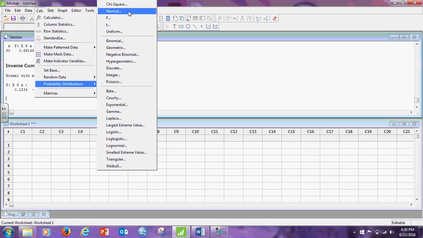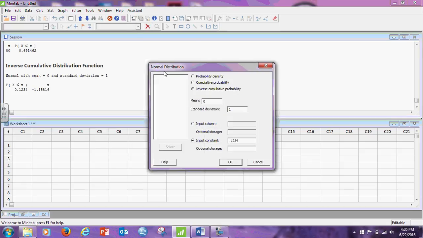If we're looking for area to the right, then we still go to Calc, probability distributions, and normal distribution. We're looking for a value, so we leave it here at inverse. And this problem, part B, says we have a mean of 100 and a standard deviation of 15. But now it tells us what value has an area of 0.1234 to its right. But Minitab wants us to put in here not the 0.1234, because they want the area to the left.